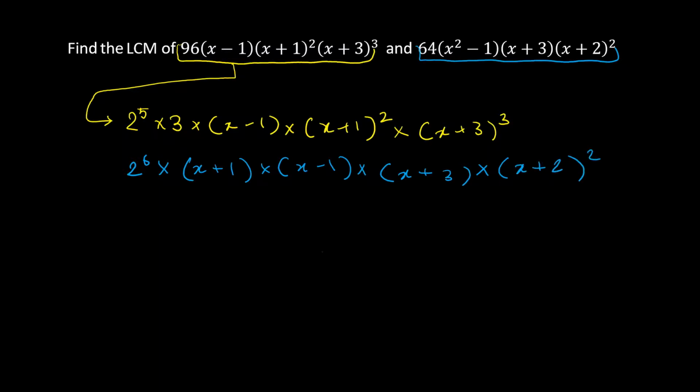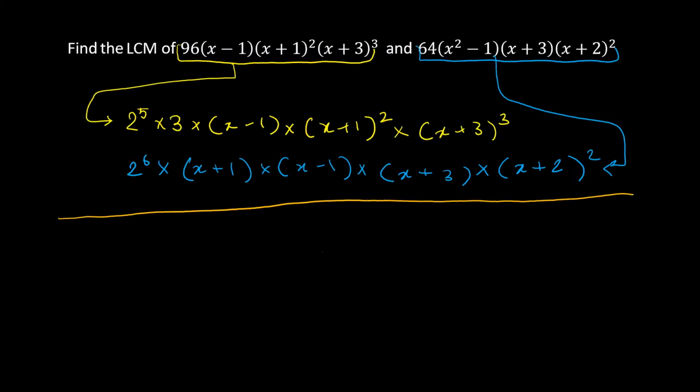Now if you remember, to find the LCM, we have to look for whatever there is common, and we have to consider common ones only once, and the non-common ones should be included as well.